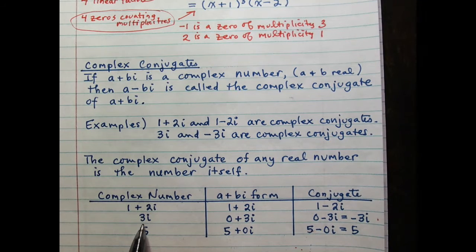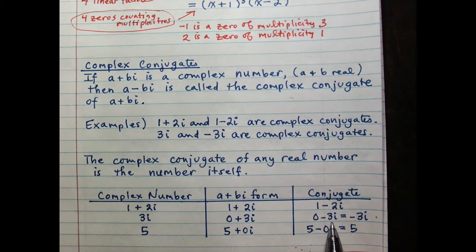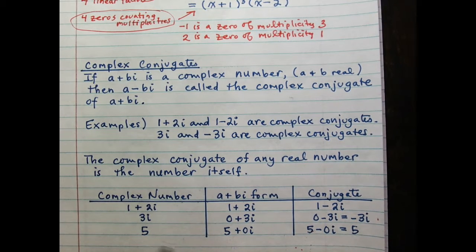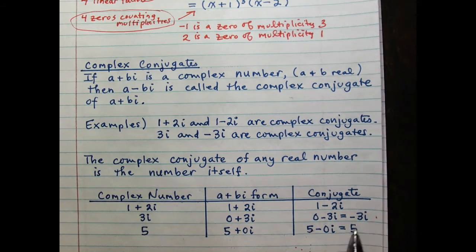The complex number 3i, all by itself, has a plus bi form 0 plus 3i, is the way we think of that. So its complex conjugate is 0 minus 3i, which simplifies to just minus 3i. Now normally we don't write the 0 down at all, we just say 3i and minus 3i are complex conjugates.